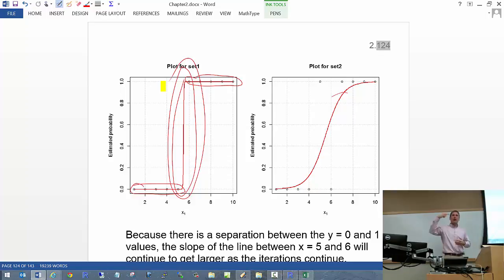It's going to keep on going and going and going, essentially without stop. I purposely say the word essentially. You'll see why coming up. So complete separation is bad for trying to find maximum likelihood estimates for your betas.